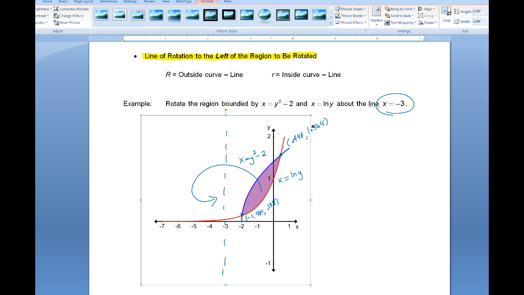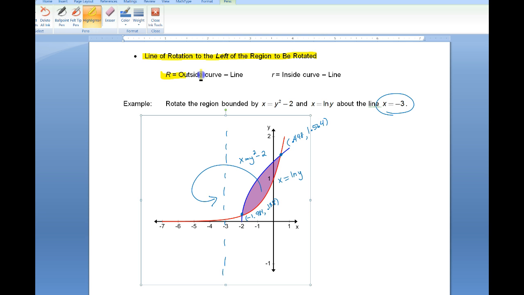If you flip it, then you have to change your bounds. If you were to rotate it, wouldn't the red one turn to the left? You're looking at it like this, right? You're flipping it this way, so what becomes your outside curve? The red one. It depends on where you're graphing.